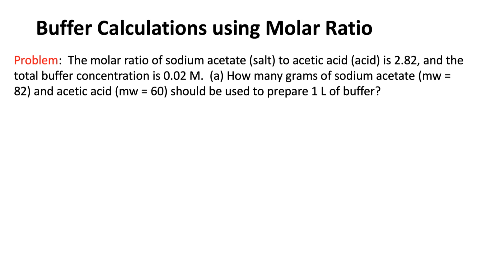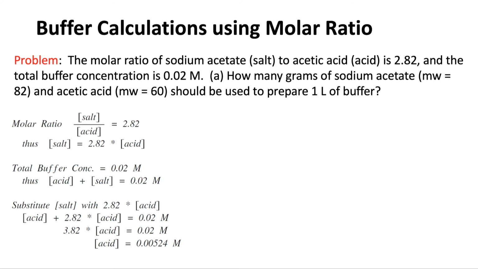All right, so where do we go for this? This is kind of a complicated question because we need to use the molar ratio to determine the moles we need for both the acid and the salt. Let's start on the far left at the top. What we solved in the previous question was the molar ratio, 2.82.